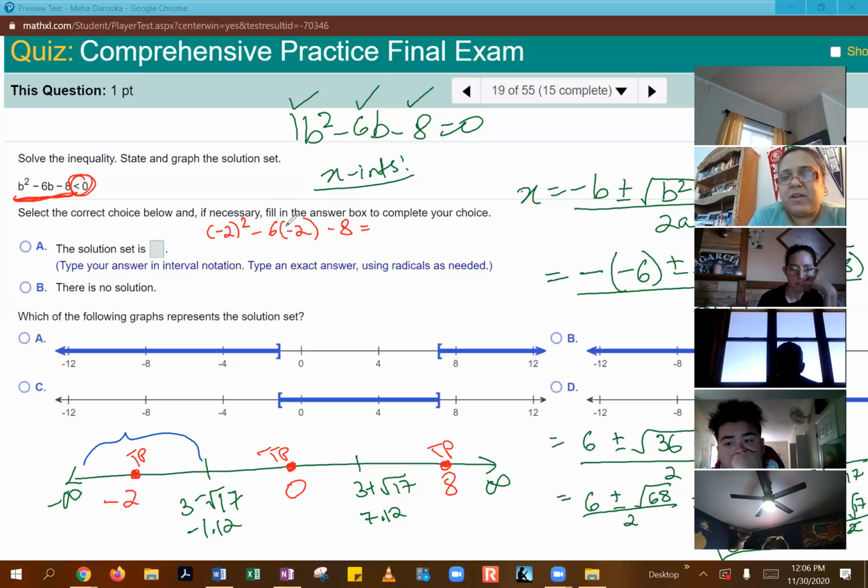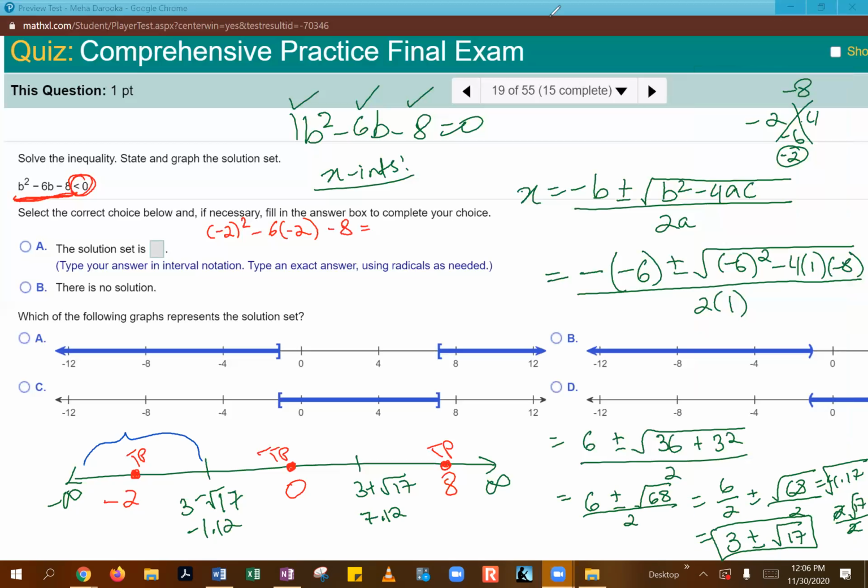So what do we get over here? You get 8. Let's see, negative 2 squared would be positive 4, negative 6, minus 2 would be positive 12, minus 8, so that would be 16, minus 8, which would give us 8. All right, very nice, Anna. So this is actually giving you a positive value over here.